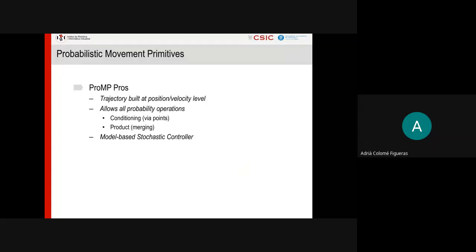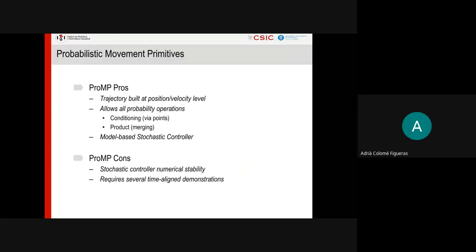And also, the authors of the original paper provided a model-based stochastic controller that could track this variance over the trajectory. However, this stochastic controller could suffer from numerical stability problems in case our policy variance was not fully conditioned.